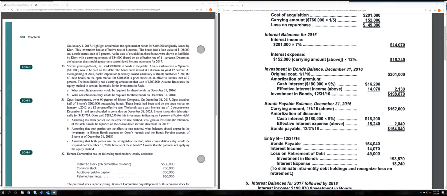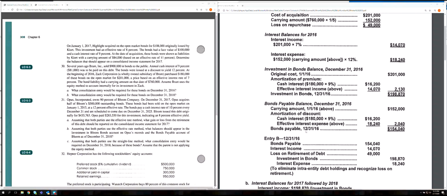Now, in this case, from Brandt's perspective, they're dealing with a discount. So here's how much interest they're paying. Notice that it matches up here; it should be the same number. But the effective interest expense is based on their market rate, which is 12%, 18,240 right here. Again, the difference between these two numbers is the amount of amortization.